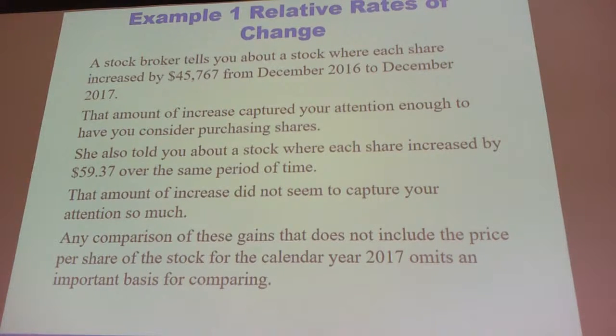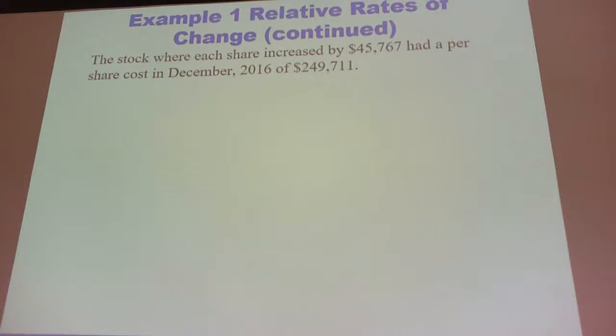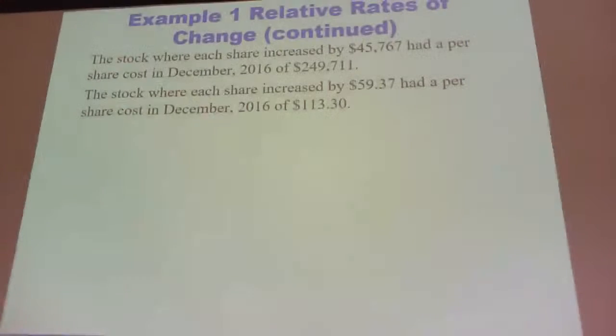Any comparison of these gains that does not include the price per share of the stock for the calendar year 2017 omits a working basis for comparing. How do we compare these gains? Well, we need to first look at how much the stock costs. So if the stock went up $45,767, but each stock costs $249,719, now we're talking about something different.